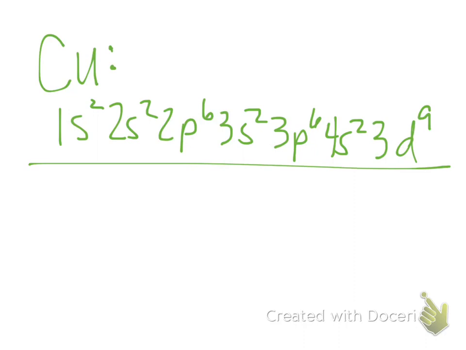The 4s orbital is technically filled before the 3d is, okay? So yeah, it is a little bit weird, but that's just how it goes. Okay, so do we all have that?